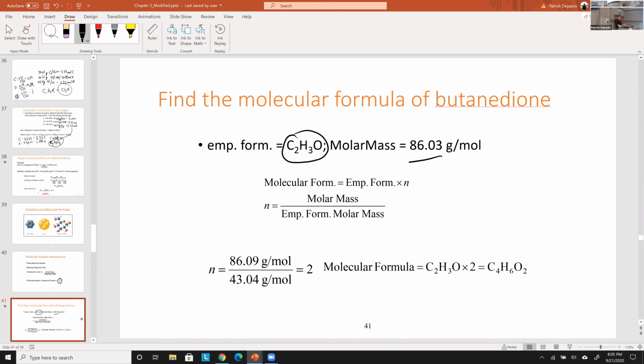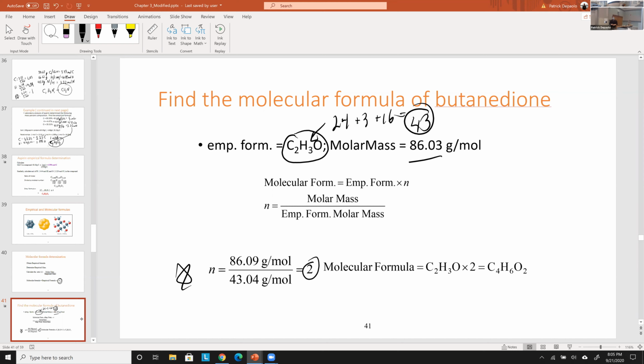So that's easy to figure out the molar mass of this. C2 would be 24, H3 would be 3, and O would be 16. 27 plus 16 is what, 43? Yeah, 43. So then you would do 86, which is the total molar mass, divided by 43, which they did right here. And you get 2.